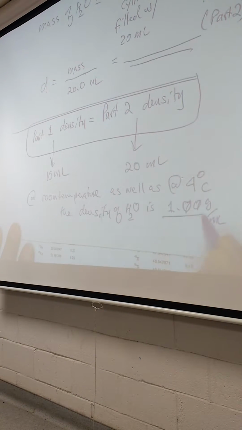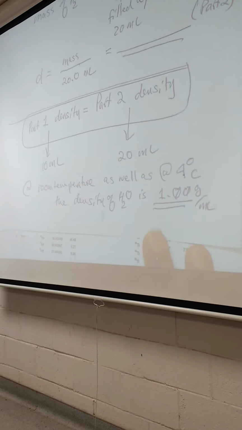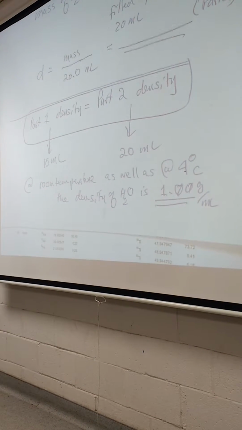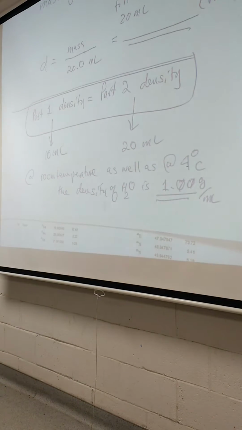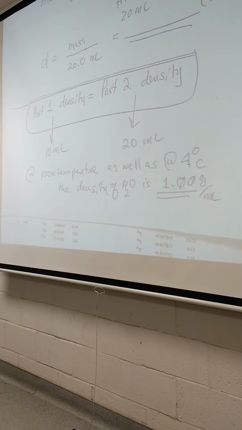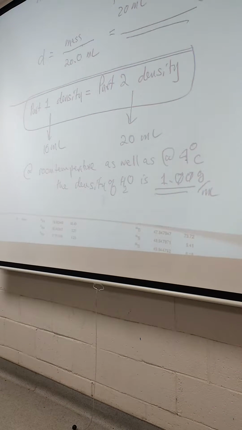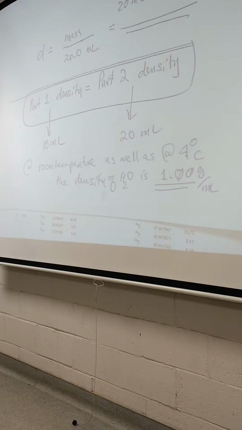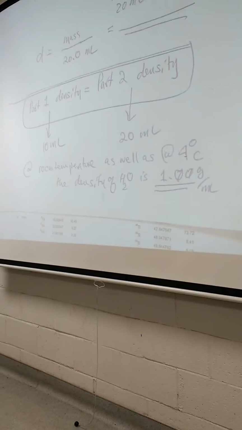See, 1.00 gram per ml, correct? Everybody's following? So now we know that's a proof for us that density is an intensive property of matter, of H2O, of any matter.